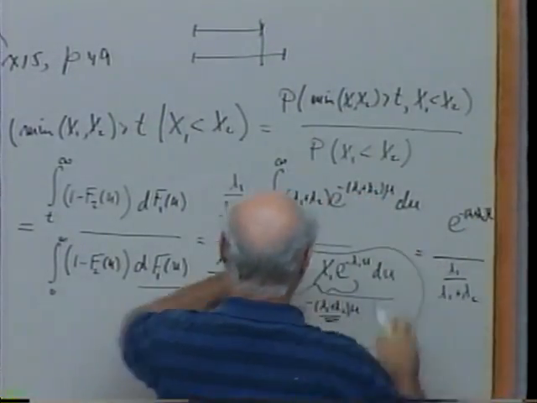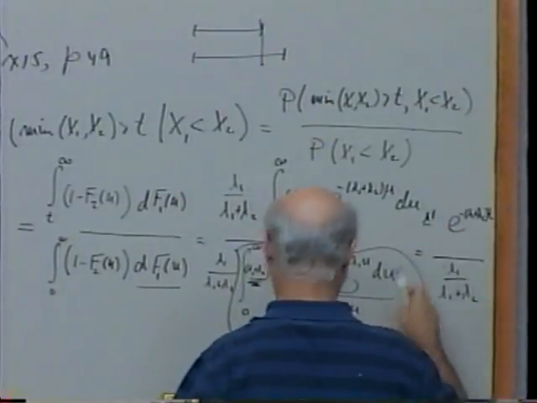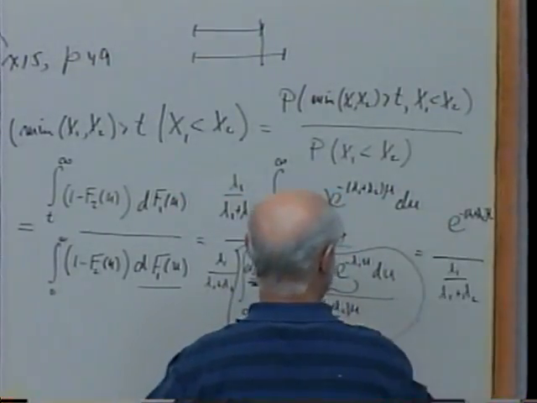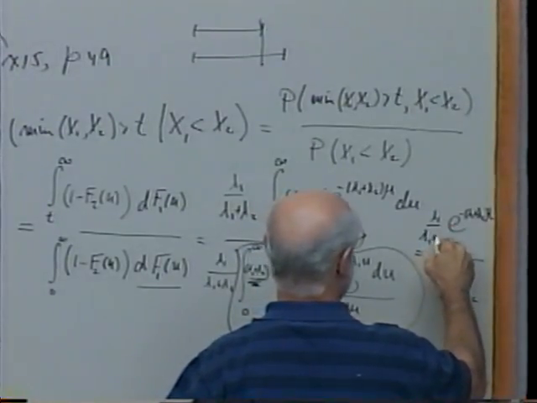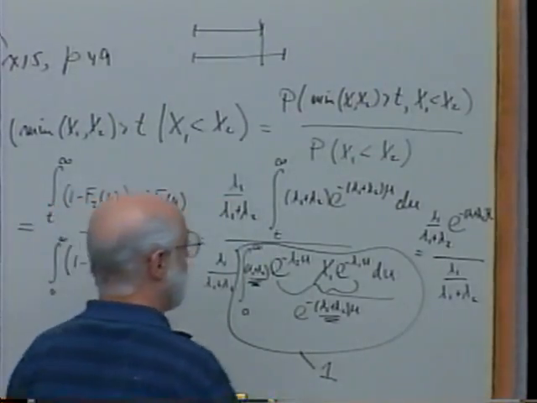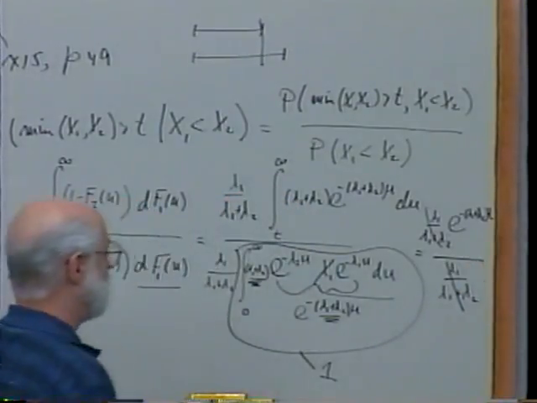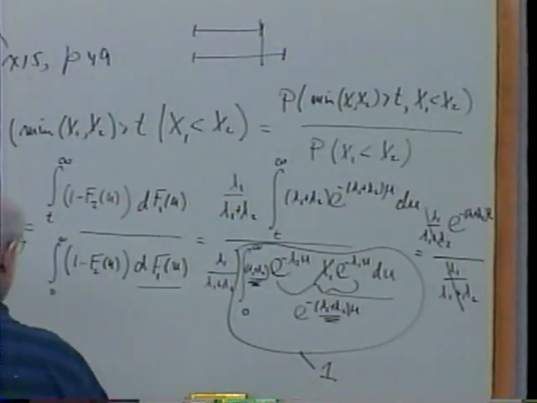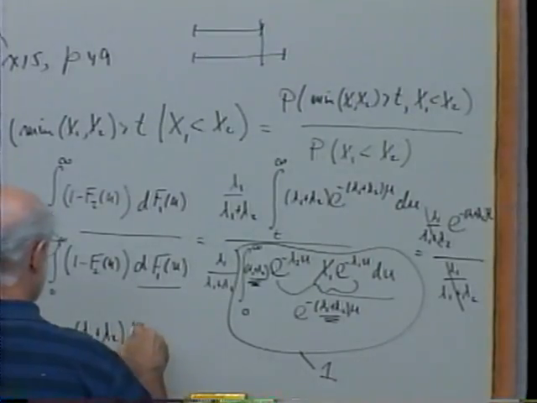That's the integral. The other part, lambda 1 over lambda 1 plus lambda 2, is the same. And of course, what you see is that the lambda 1 over lambda 1 plus lambda 2 cancels. And I'm left with e to the minus lambda 1 plus lambda 2 t.